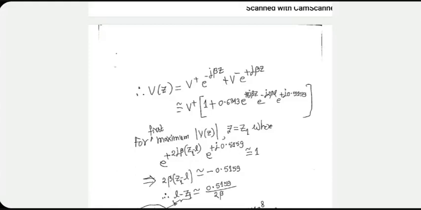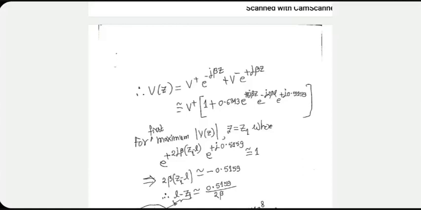It should be V plus then 1 plus 0.6343 e to the power minus j2 beta z. Anyway, the point remains that what you are getting is 1 plus rho 0 multiplied by e to the power minus j2 beta z.